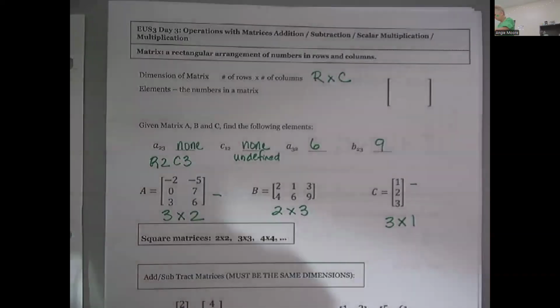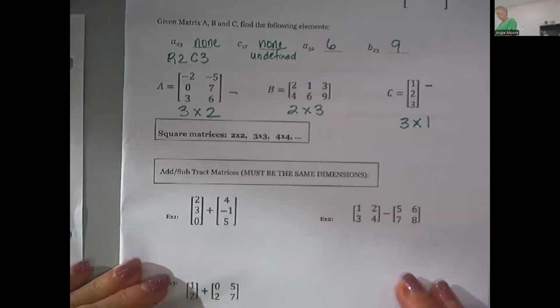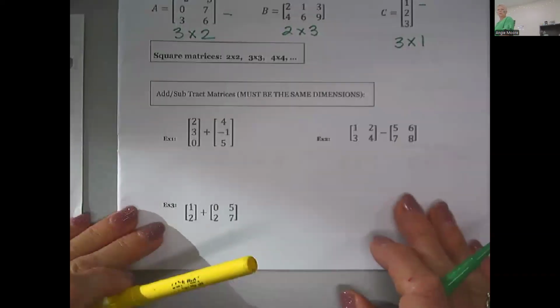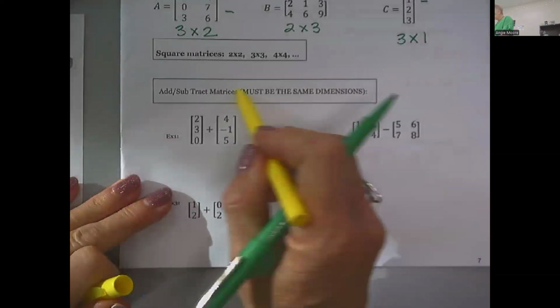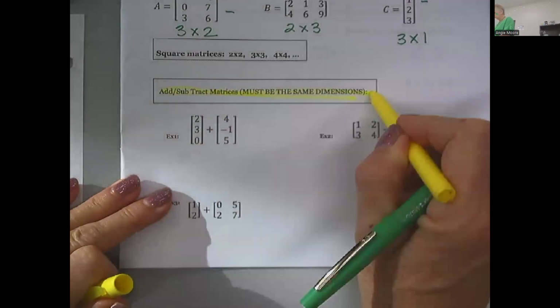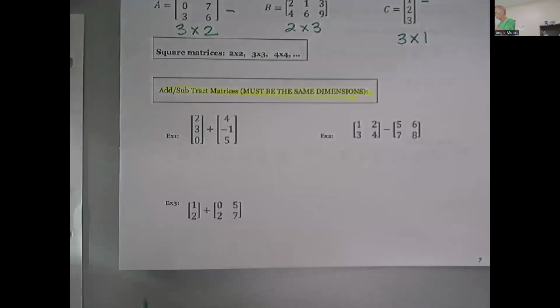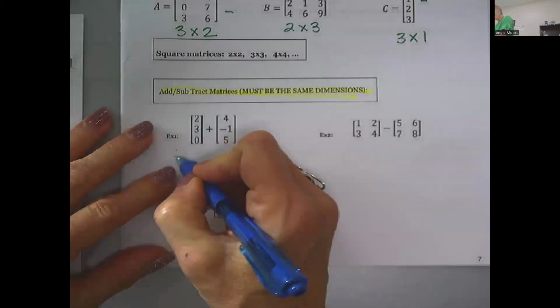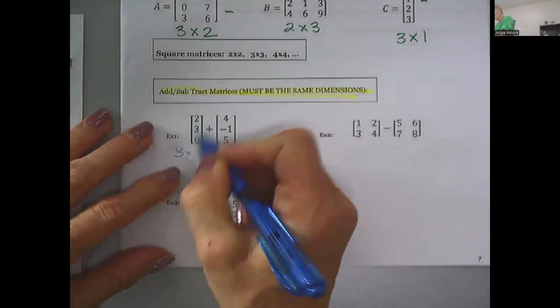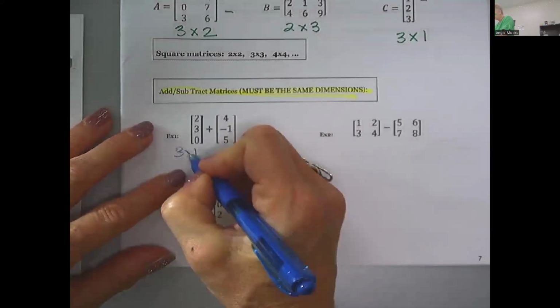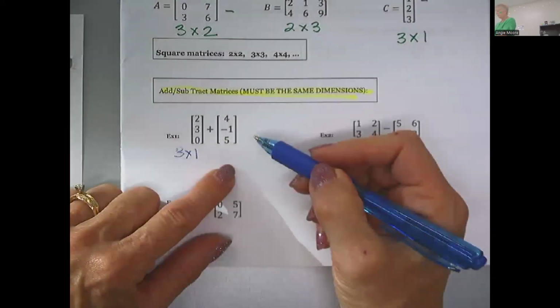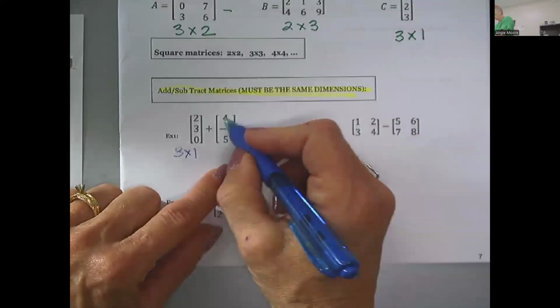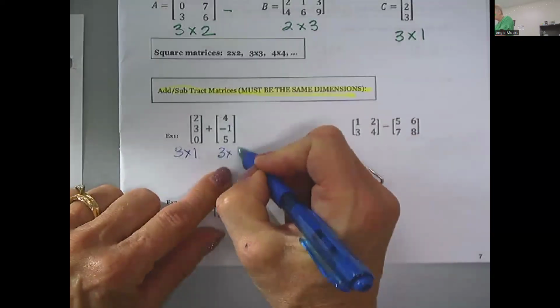All right. So next we're going to add and subtract matrices. Super easy, but something that you have to know is they have to be the same dimension before you can do it. So let's practice finding our dimensions again. Okay, so let's go. This first one, we have 3 rows by 1 column. It's pretty obvious to see these guys are the same dimension, but again, we're going to practice. 3 rows by 1 column.